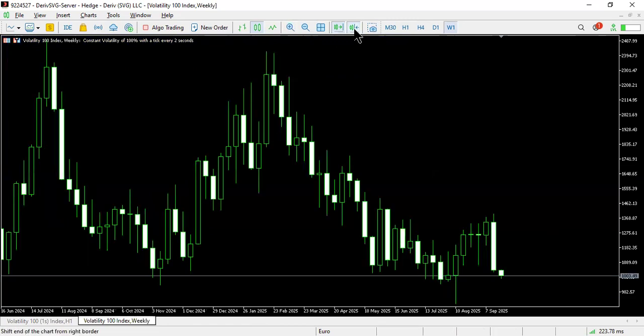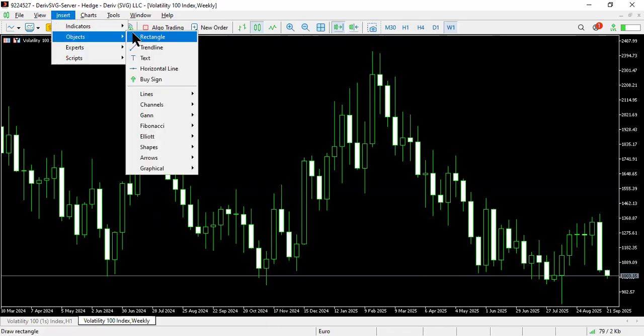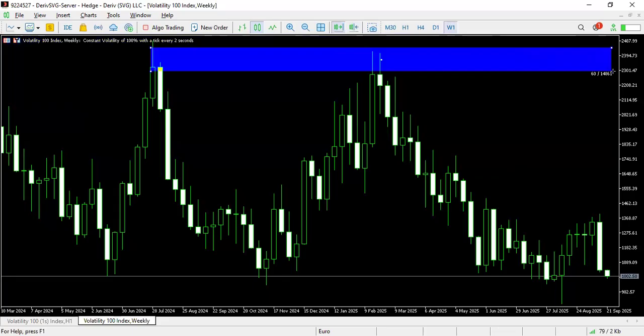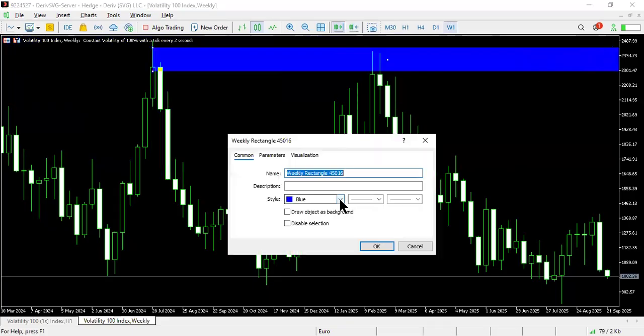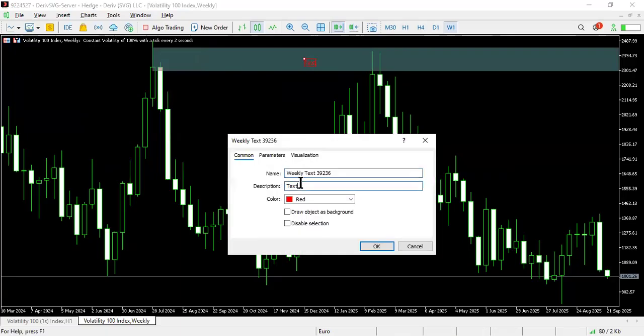Let us move to volatility 100, VIX 100. So from the weekly time frame, we can mark our supply and demand zones. That is our supply.